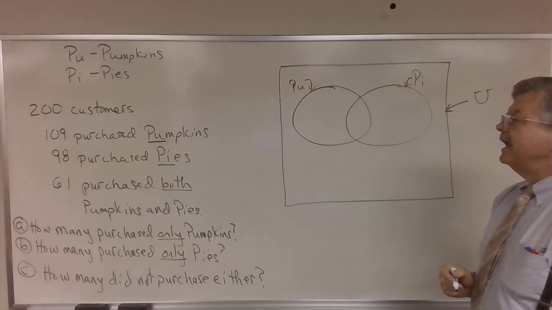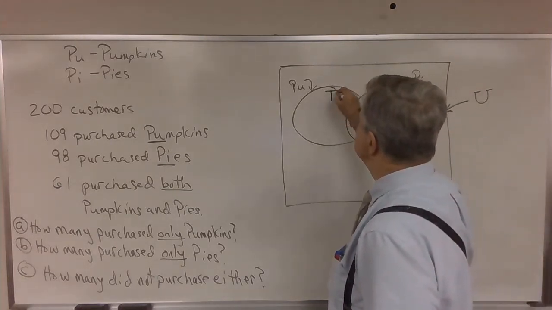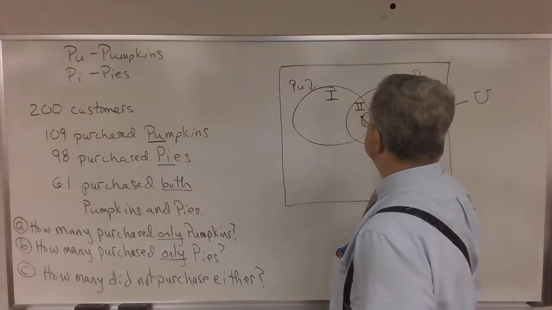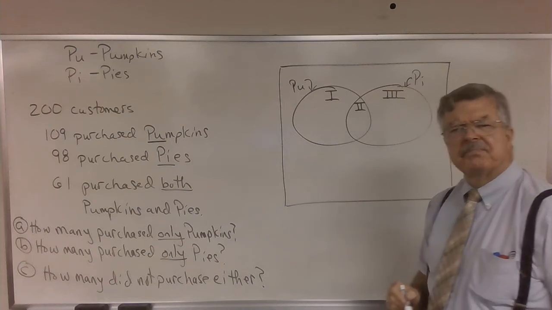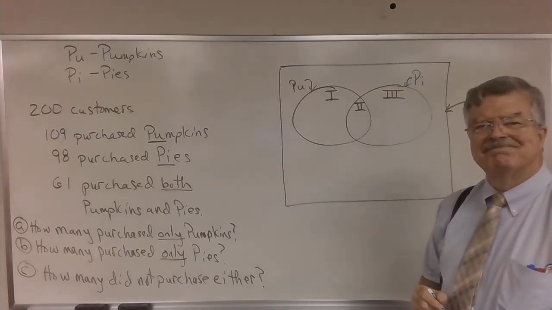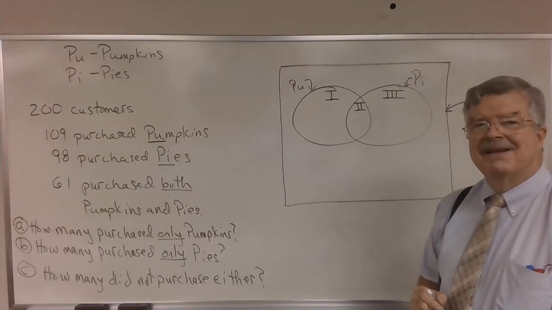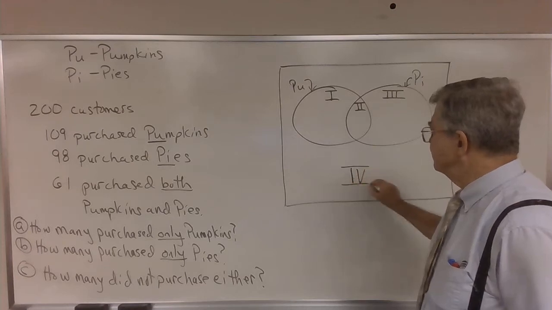Okay. And we'll do our regions now. Going from left to right, region 1, region 2, region 3. Did I leave anything out? Region 4, right? Here's region 4.